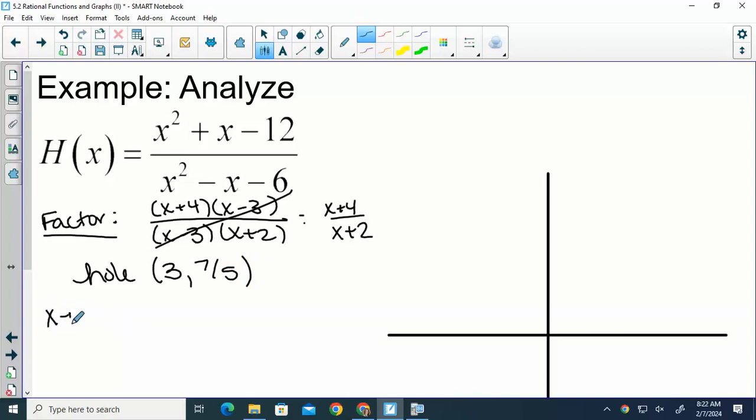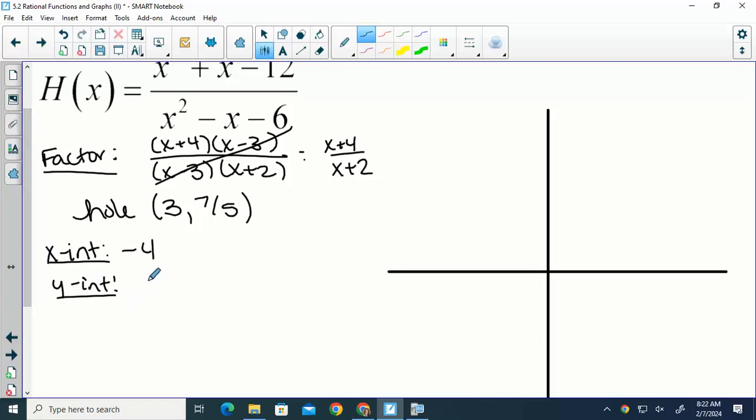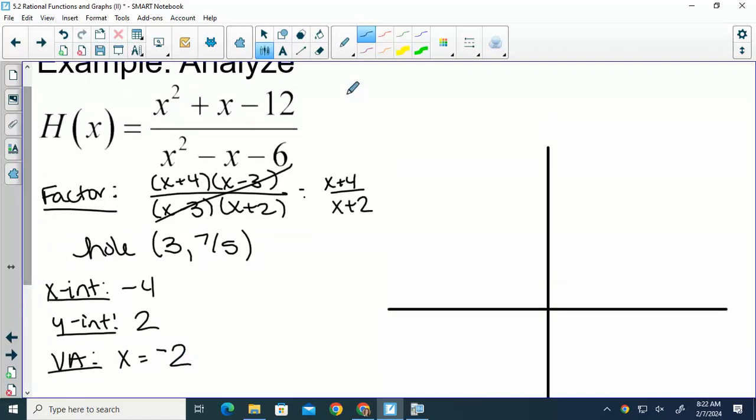Then the x-intercept, what makes the top 0? Y-intercept, what do you get when you put in 0 for all of your x's? 2. Okay. Vertical asymptote, what makes the bottom 0? X equals -2. Horizontal or oblique, what's the degree of the top? 2. Bottom? 2.